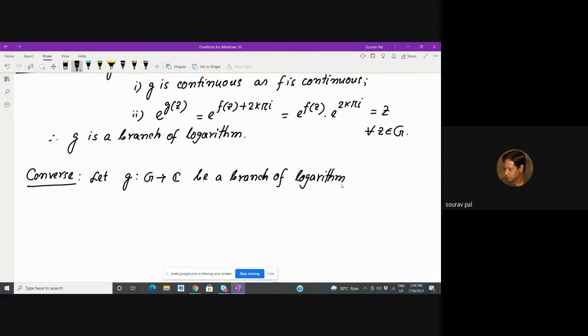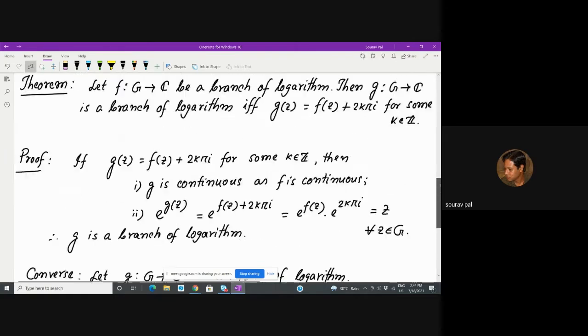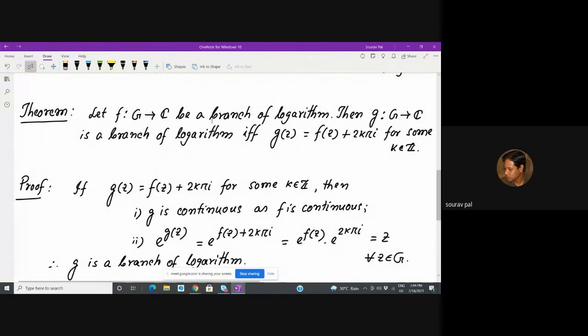The aim of this theorem, you just take a look at the statement. Given a branch of the logarithm f in a region, so this is given. This is a part of the hypothesis, the first sentence. Then how can you obtain all branches of logarithm in that region G? That is the point.